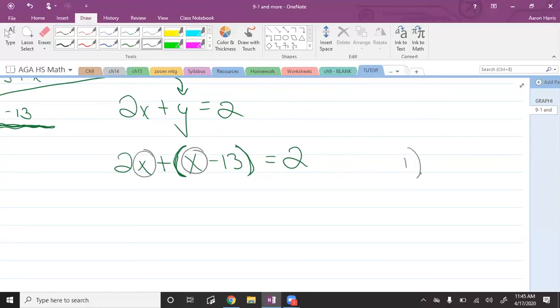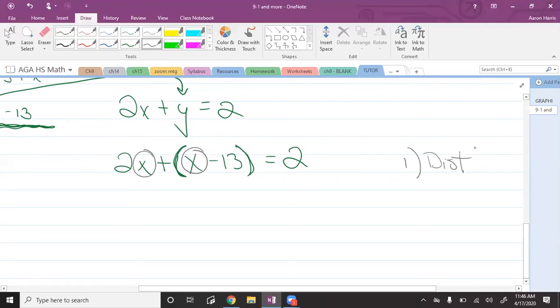Is there any multiplication or division? Yes, there is, but can I do anything with it? No, 2 times x, but I can't do anything with that. Addition, subtraction, anything there? Yes, there is addition or subtraction, but can I add anything or subtract it? No. All right. So the next one is distribute.